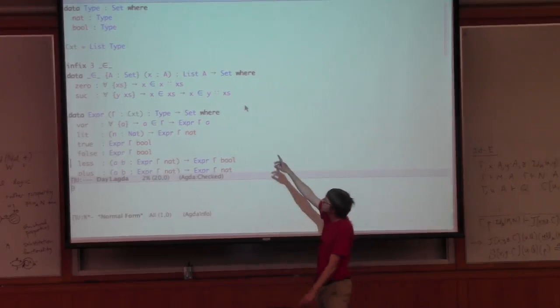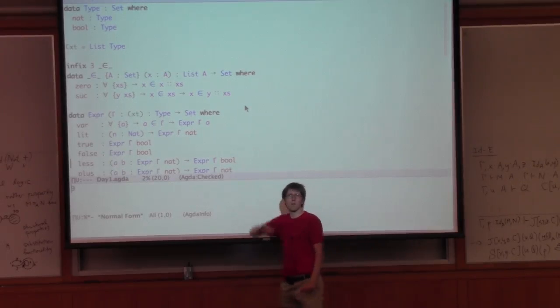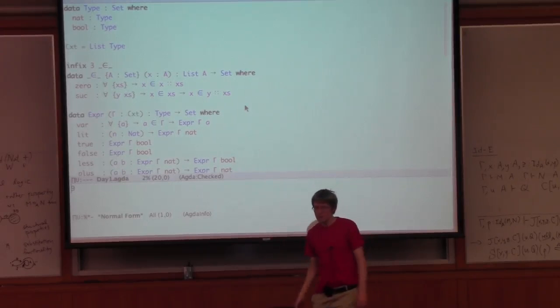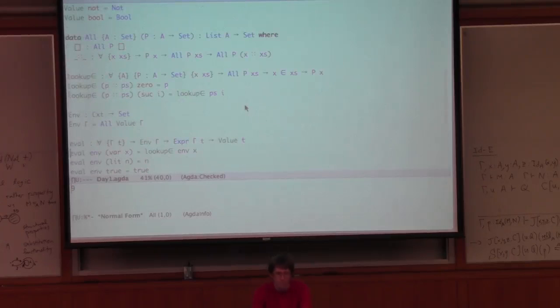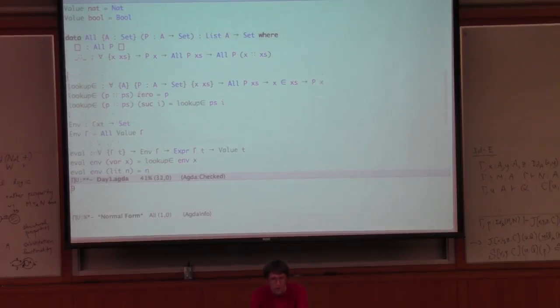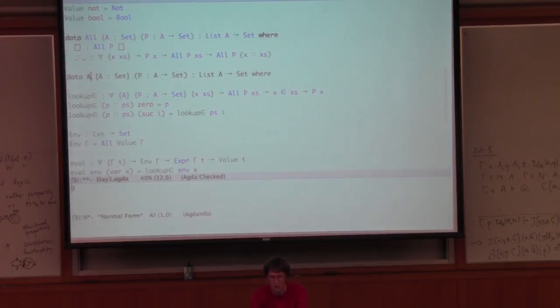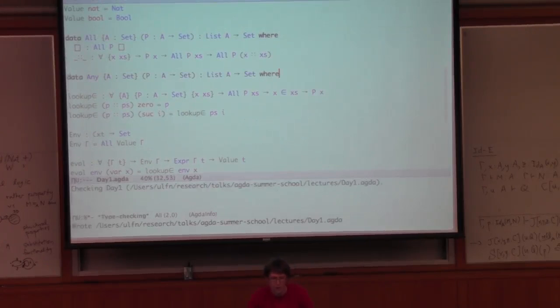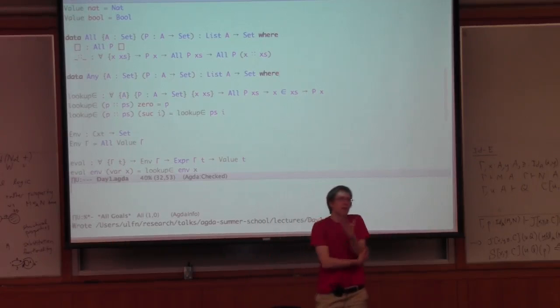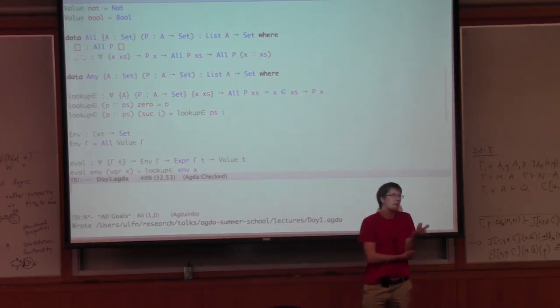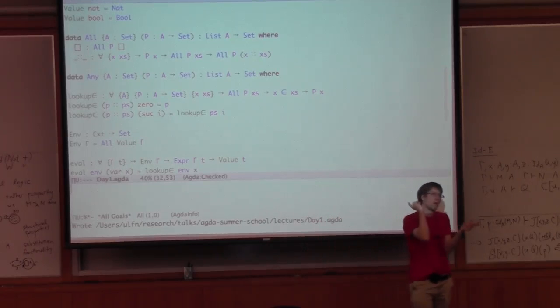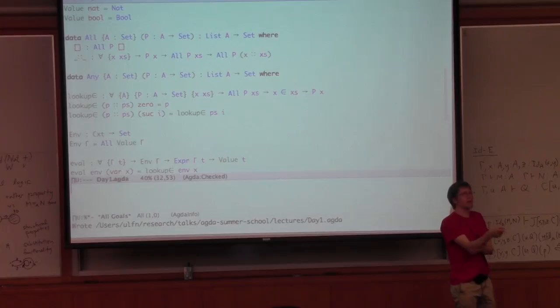You can generalize this to have the same shape as all, same type, in fact. And call it any instead. So we define this in thing, which says somewhere in the list X appears.